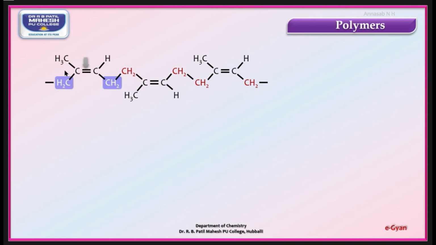The second carbon atom contains a CH3 group, and here is the second molecule, with new double bond formation and its end groups CH2, CH2, and the second carbon contains a CH3 for the second unit. Similarly for the third, a new double bond in the third molecule, and these are the 2 end groups of that particular component.